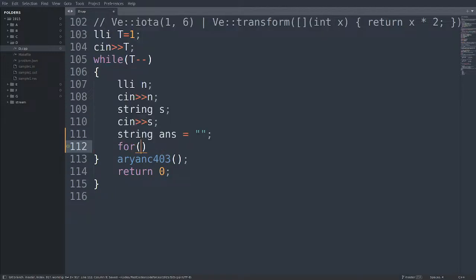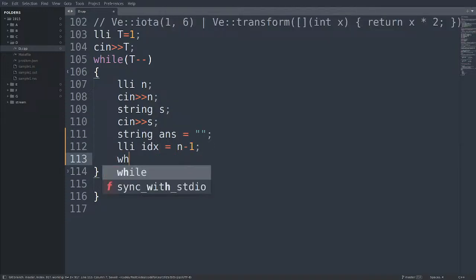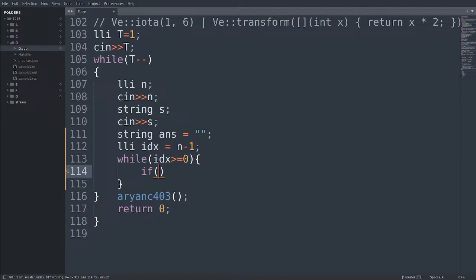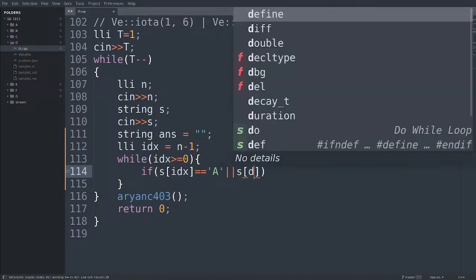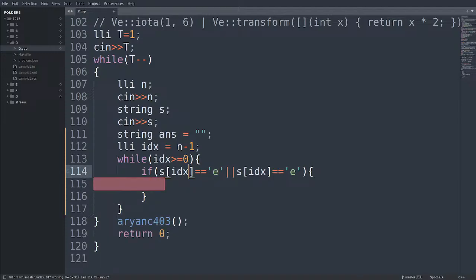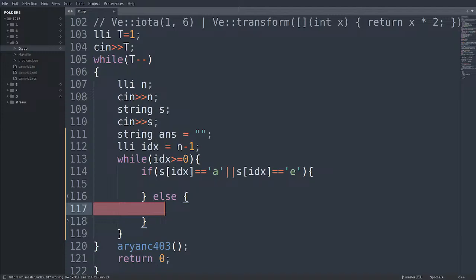The way to do it would be to start from the last index, while we have a part of the string still to process. There are two cases: either the last character is a vowel or the last character is a consonant.